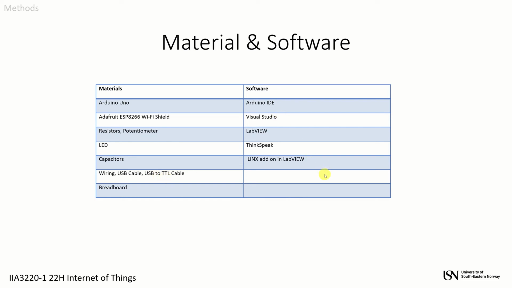Software are Arduino IDE, which is a tool for uploading programs into the Arduino board. Visual Studio is used to build libraries which we use in the Arduino IDE. Also LabVIEW, ThingSpeak, and the Linx add-on.